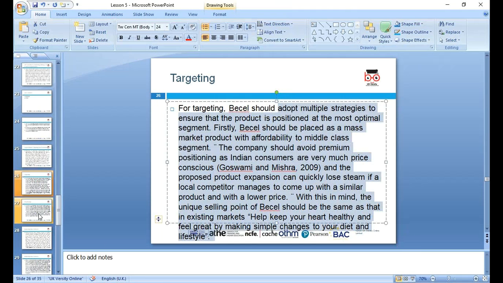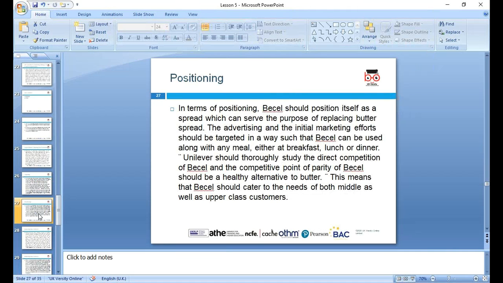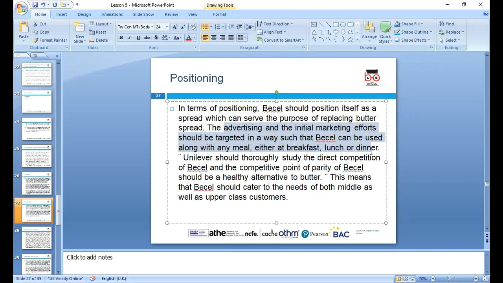Different areas can use different strategies that help to achieve the target. Whatever your positioning, how we can position ourselves in the market, advertising and initial marketing efforts should target ways that the product can be used along with any meal, either breakfast, lunch or dinner. Unilever should thoroughly study this.